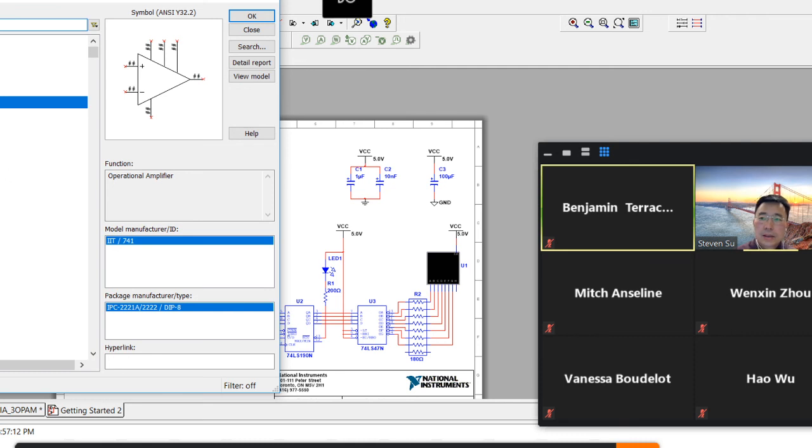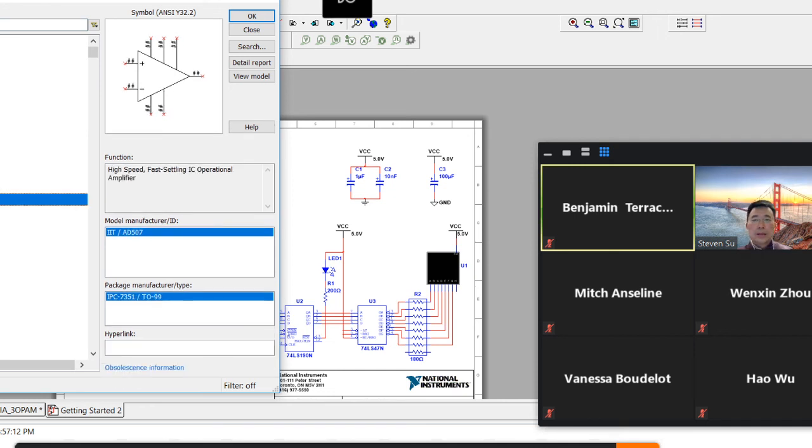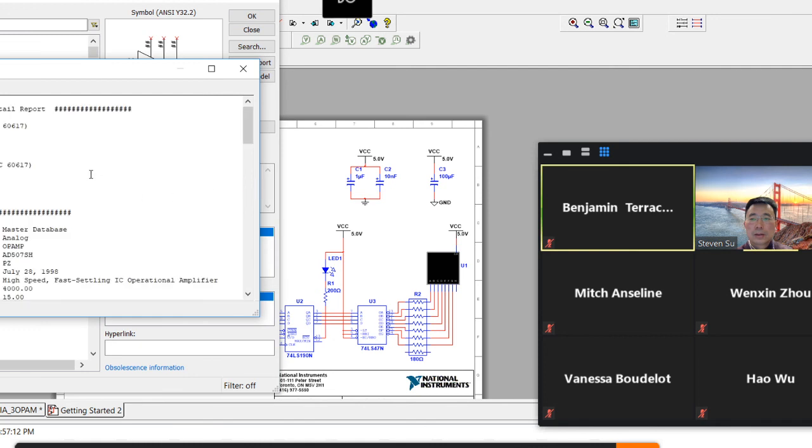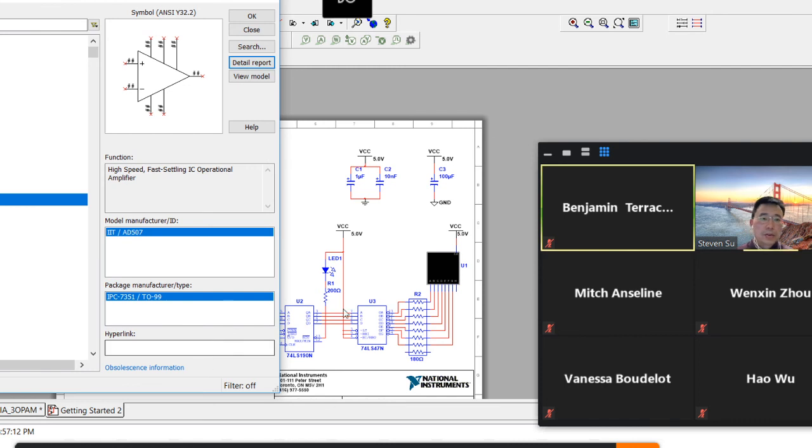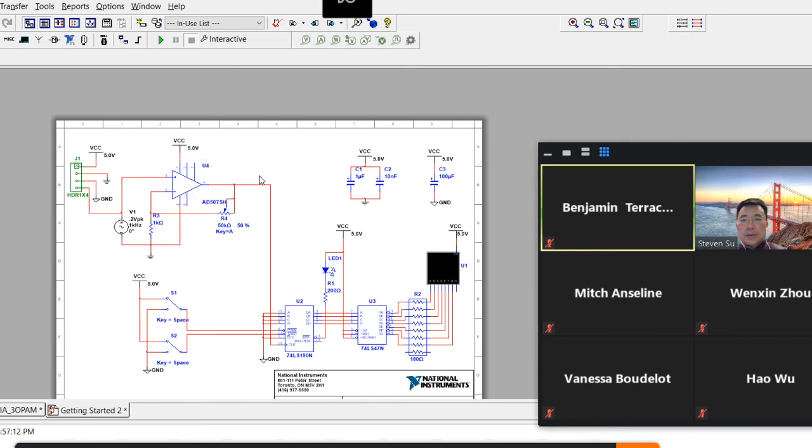You can use a different op-amp, for example this one or some other op-amp, and you also have detailed reports and material to describe these things. So you can see this changes to a different op-amp.